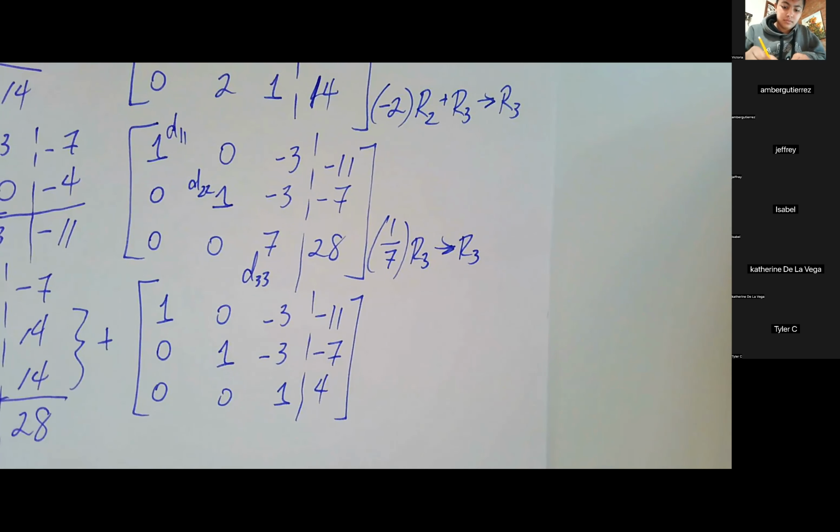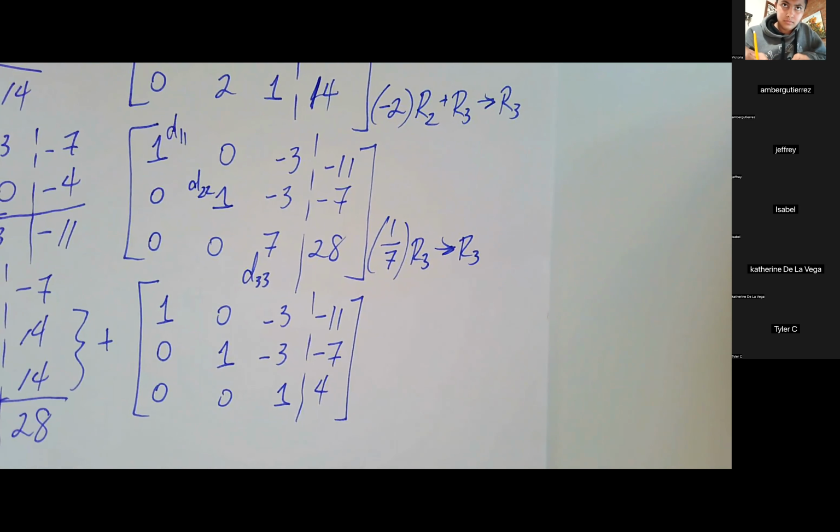All right, great. What is the last step? Making them zeros, the -3s. That's right. And what row are we going to use?